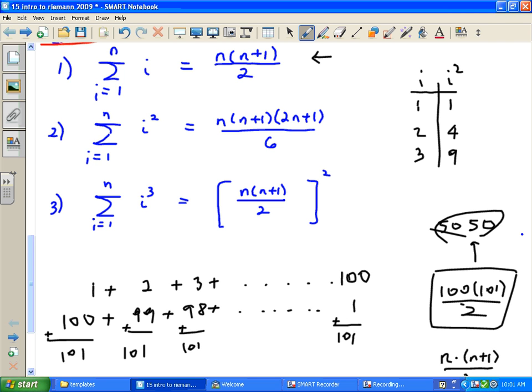And then he tried to find a polynomial that would go through these points. If you try to do a regression and see what polynomial would fit there, it turns out that this is the polynomial that best fits those points. And then you can do something similar. Use 4 points for the i cubed, and you can get that one as well.